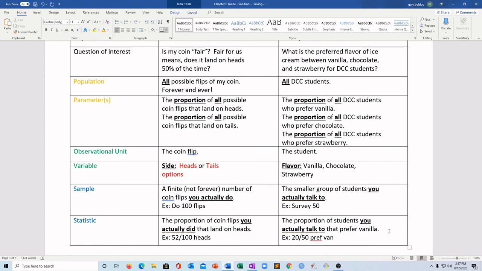It's an actual number I get my hands on. 2/5 of the DCC students, my guess, I'm not going to say so for sure, right? But my guess is 2/5 might prefer vanilla. I know 100% that 2/5 of the 50 people I talk to prefer vanilla, but I don't know that that's true for the whole big group. And we're going to talk about how we use statistics to try to get a guess at that.